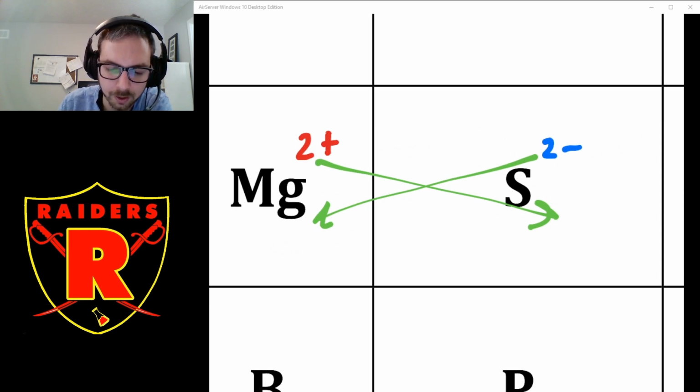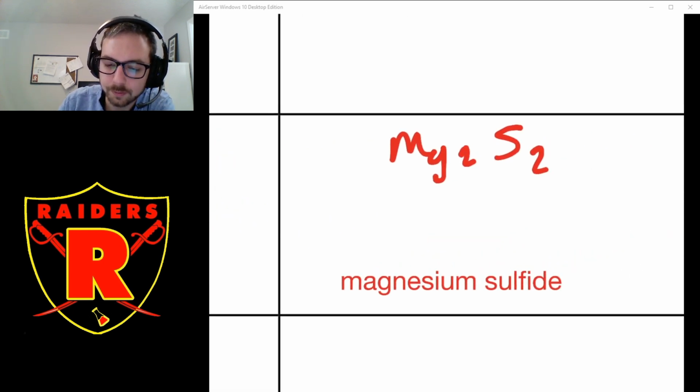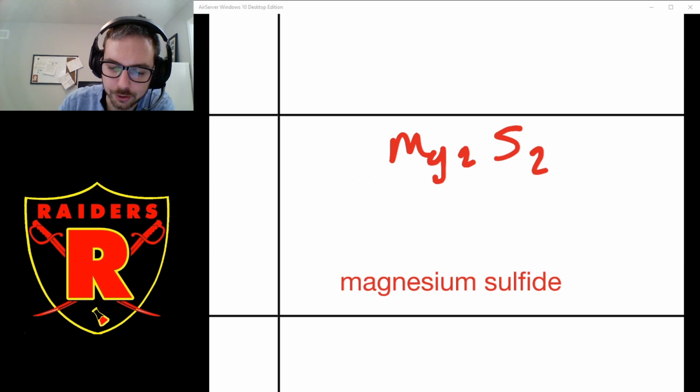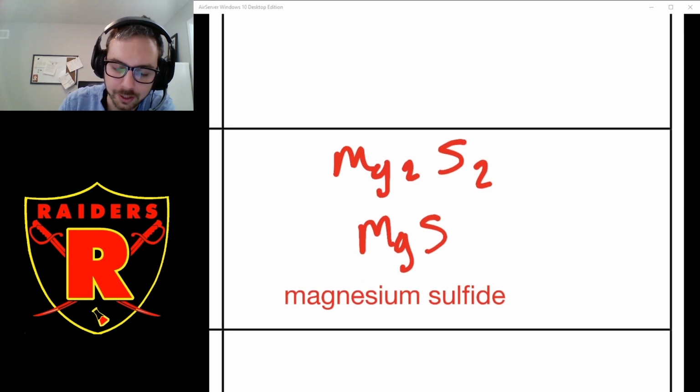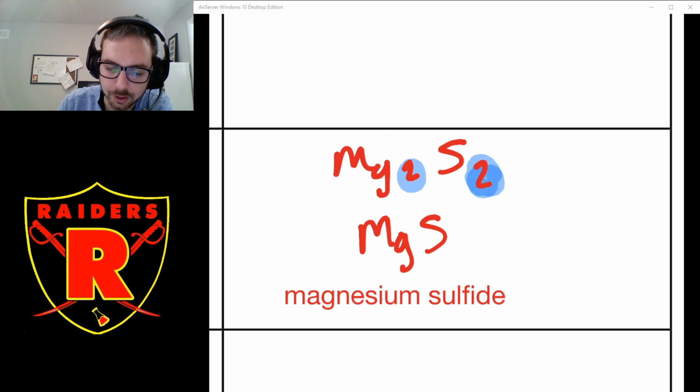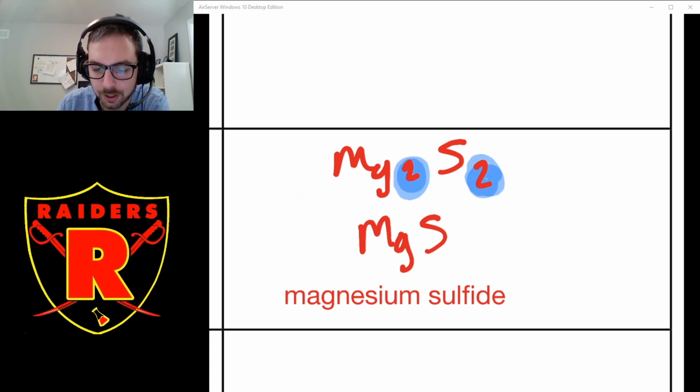You need 1 and 1. So here you can actually just drop the 2's. So you would just write this as MgS. The trick here is that you get to think of it as a fraction. It's a ratio. So the ratio of 2 to 2 is the same as a ratio of 1 to 1.